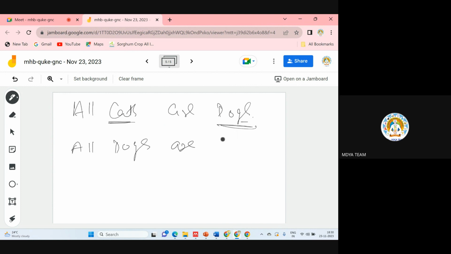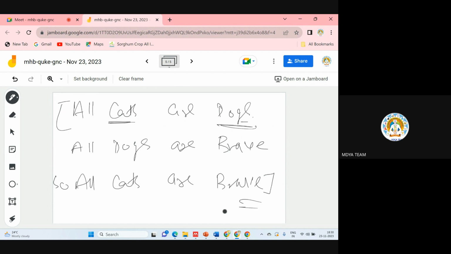All dogs are brave. So all cats are brave. These are our premises and this is our conclusion. This is the common structure of a categorical proposition.